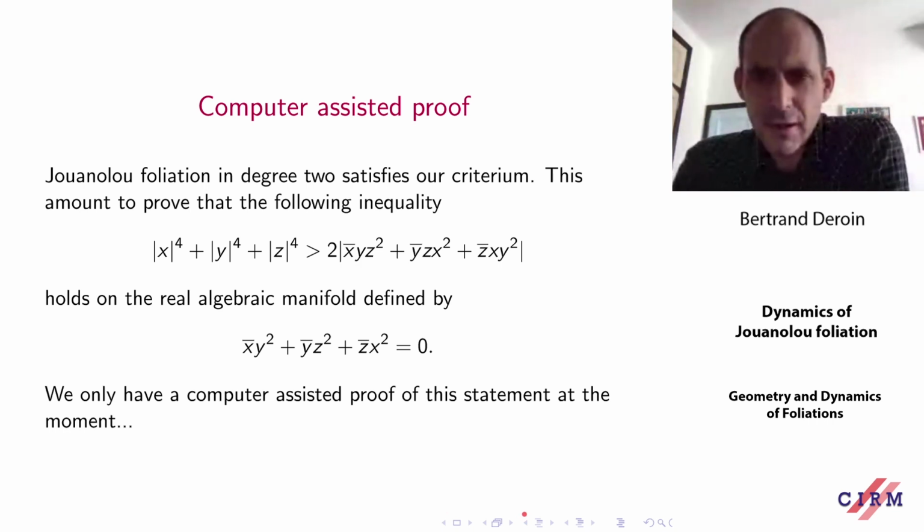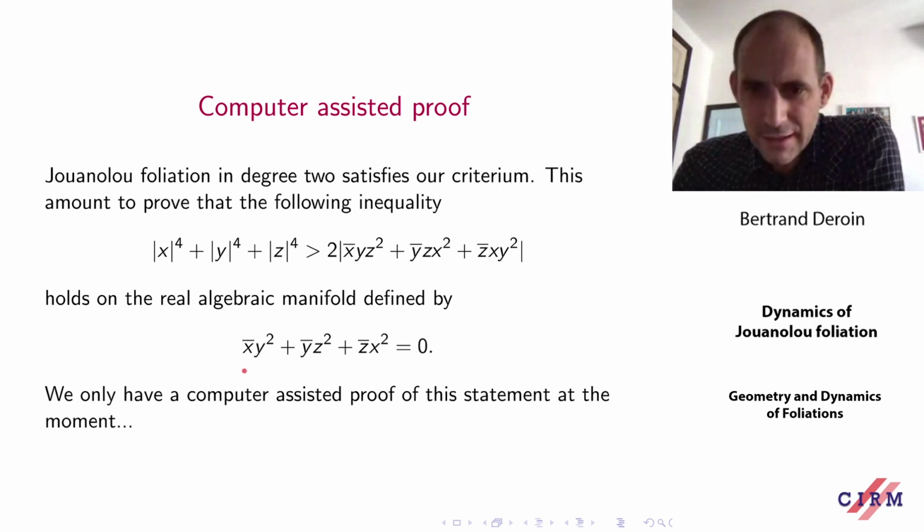So in the case of the Jouanolou foliation of degree 2, this amounts to proving the following inequality here. This is an inequality to be proved in C^3, that this inequality holds on this real algebraic manifold.